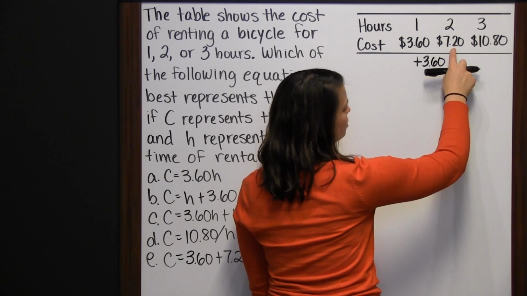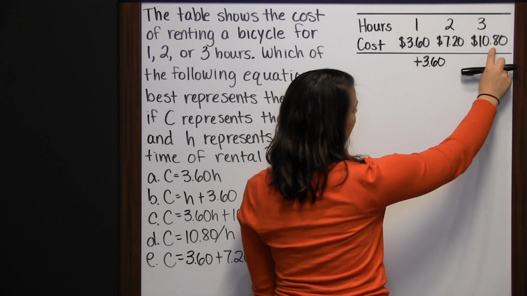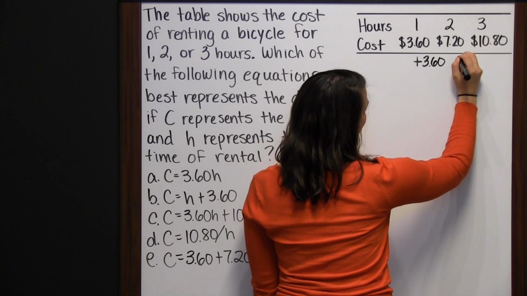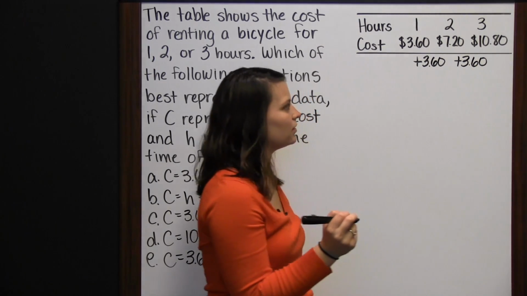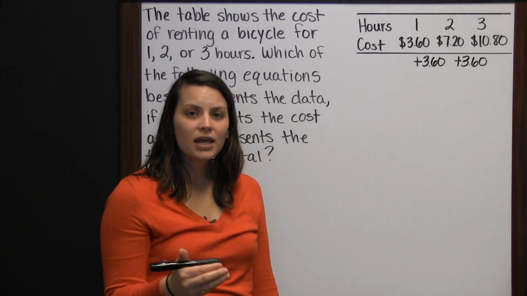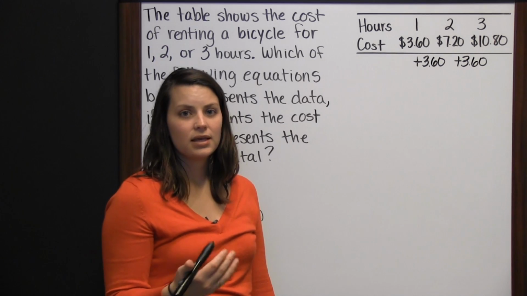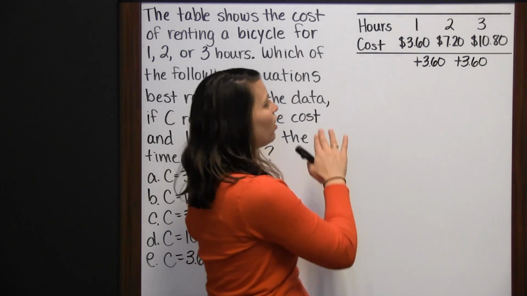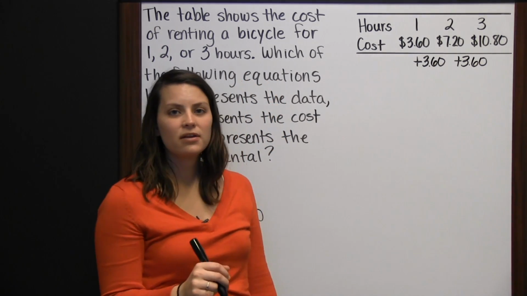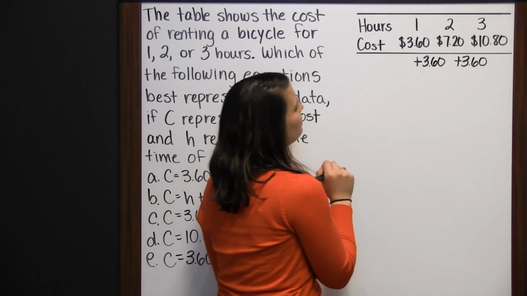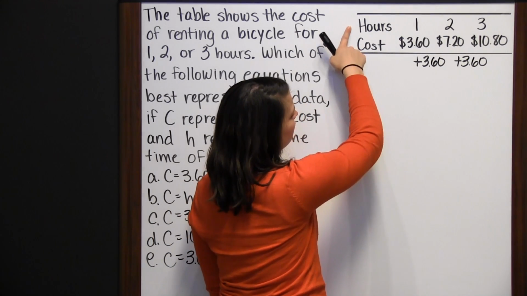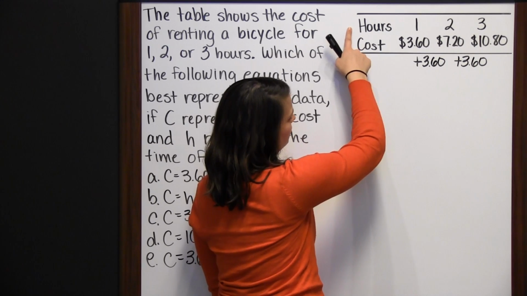From $7.20 to $10.80, I'm again adding $3.60. So I can see that the change in Y, or the change in the cost, the dependent variable, is constant. I want to now compare and see what's happening with my independent variable, my time.